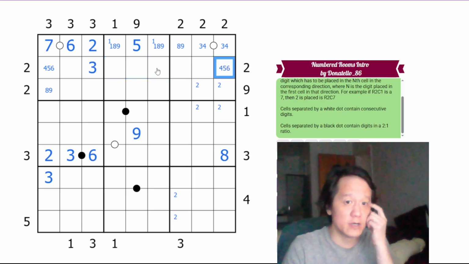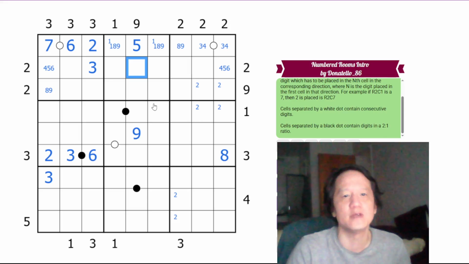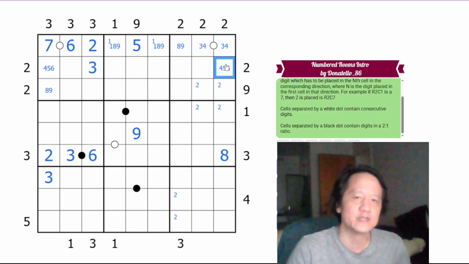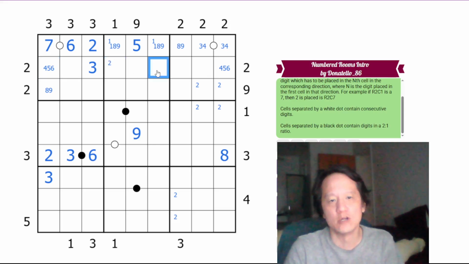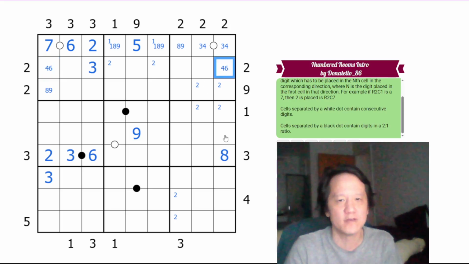And one thing we know, okay, so the 2 cannot be here. If 2 were here, both this would have to be 5 and this would have to be 5, and we'd have 2 5s in the same row, which is not allowed. So 2 has to be one of these two digits, which means this cannot be 5 and this cannot be 5.